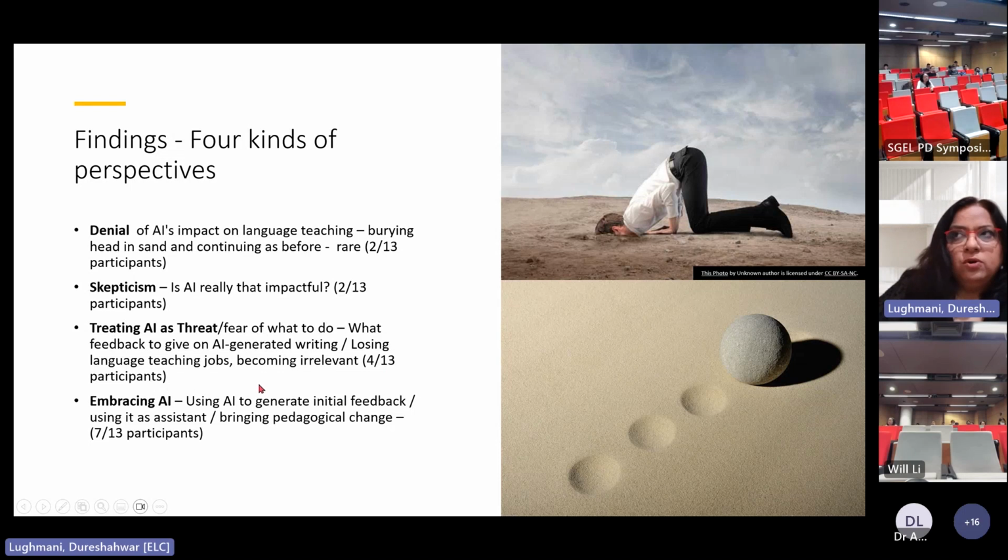There were all sorts of responses, and not very organized ones actually, because probably it's too new, and people are still formulating their responses. Of course, there were quite a number of them who were treating it as a threat, but still saw positivity in it, and they were willing to or getting ready to embrace AI.